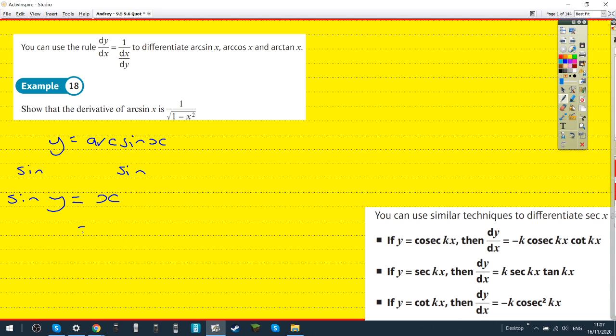And then I believe it would be dx dy. So like differentiate both sides. Do I need to differentiate sine y? Yeah, and that'll be cos y. So that's dx dy.